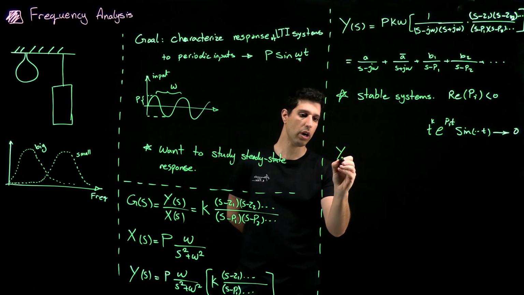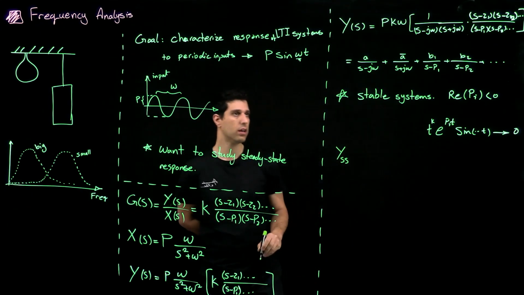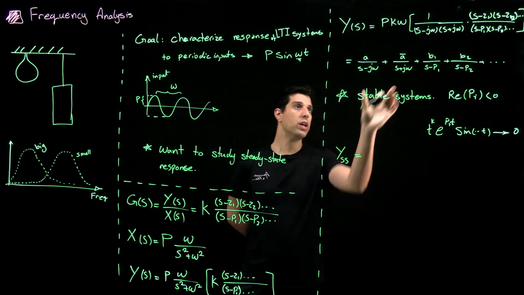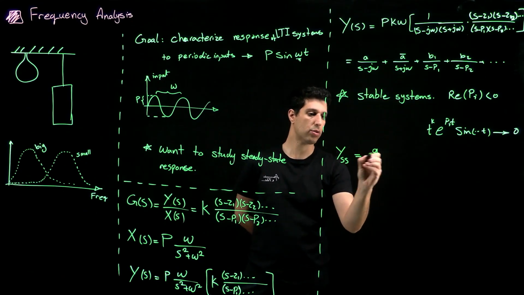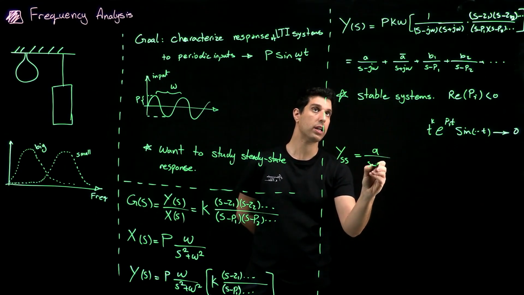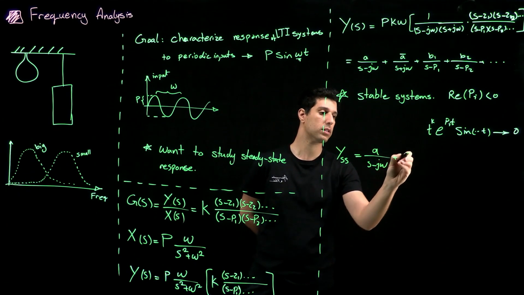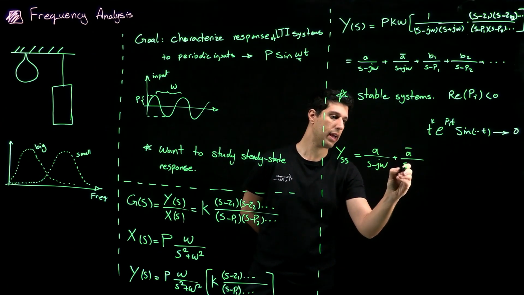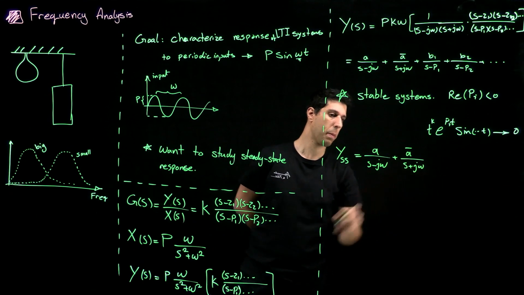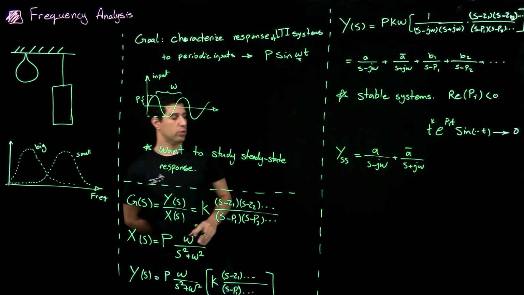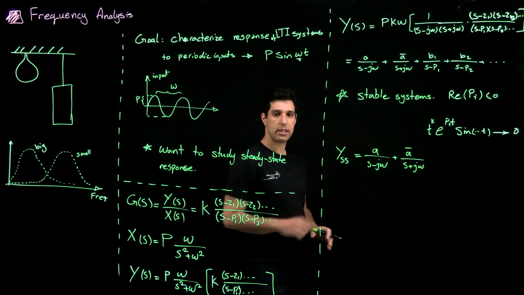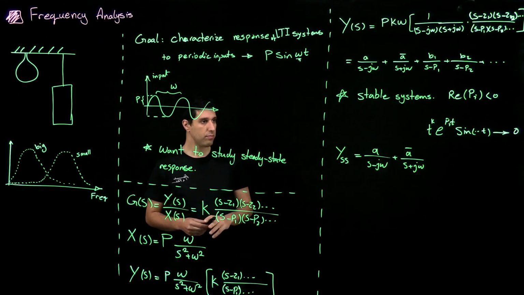So my y steady state only includes these two components, a over s minus j omega plus a bar over s plus j omega. So this is going to be my steady state response.